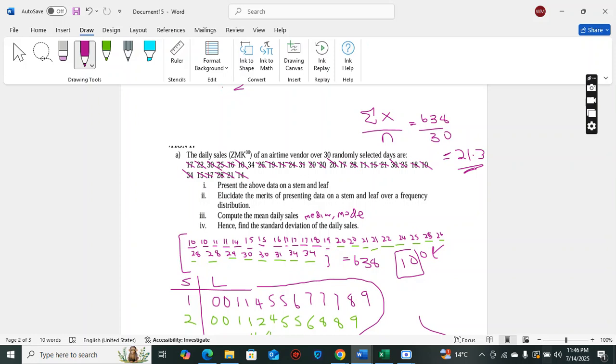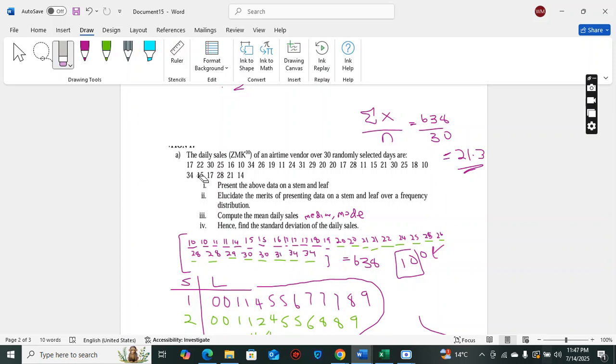Colleagues, even from these daily sales here, we can get an idea of the standard deviation. Do you think there is a big standard deviation or a small standard deviation? It's a small one.